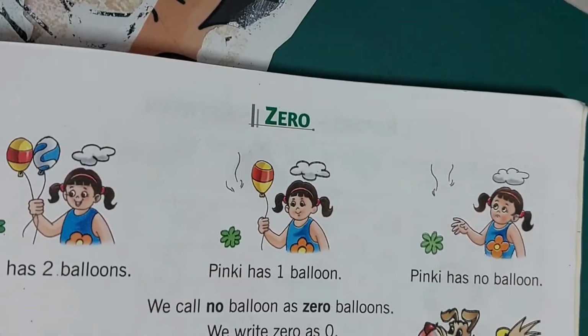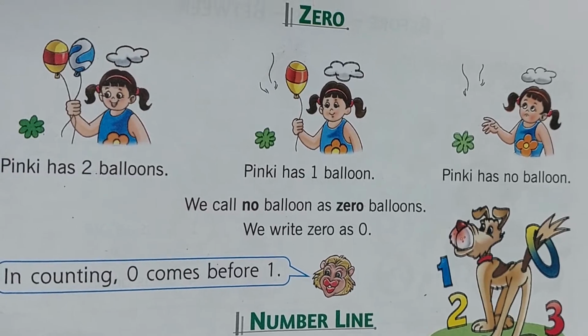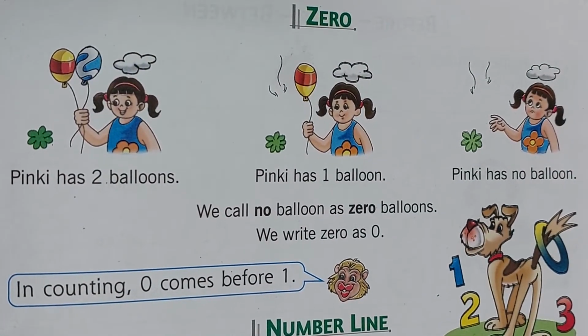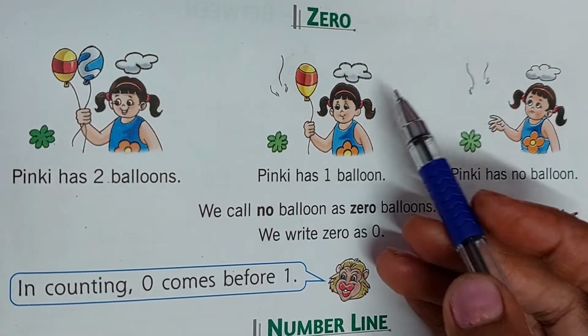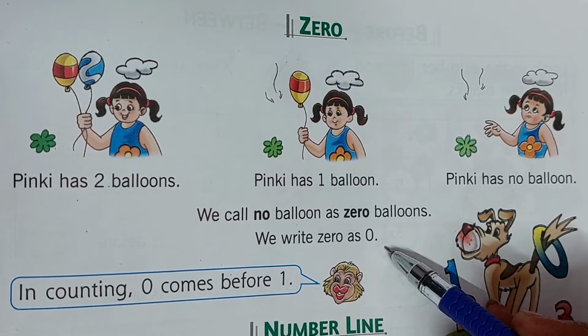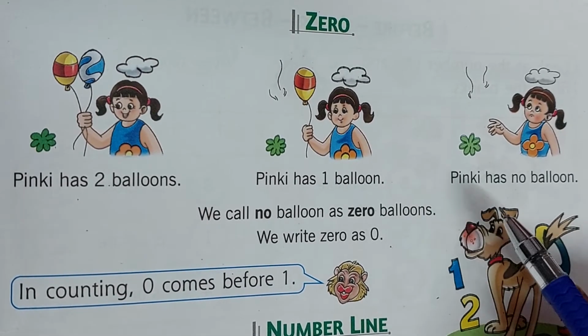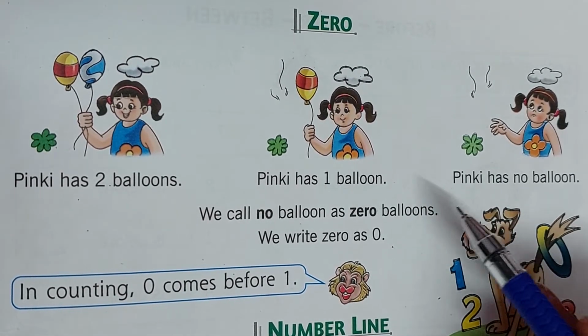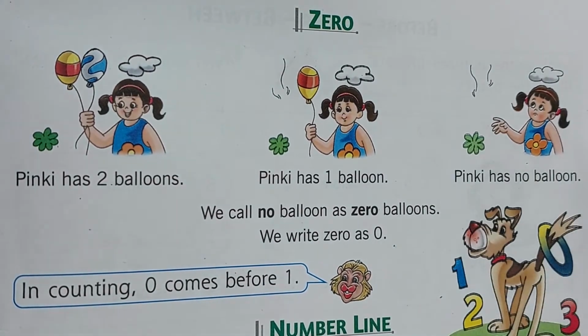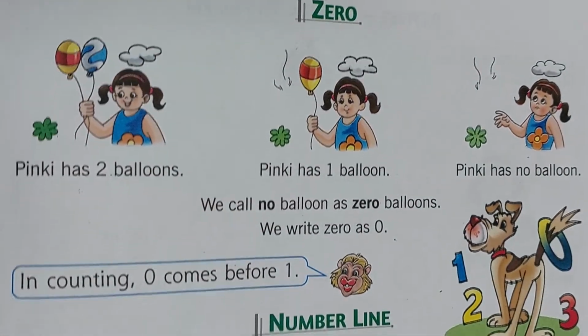Now come to page number 9. On this page you do not have anything to do, I am just going to explain. You know which number is called 0? When we do not have anything, nothing, no balloon. She doesn't have any balloons, it means 0 balloons. We write 0.